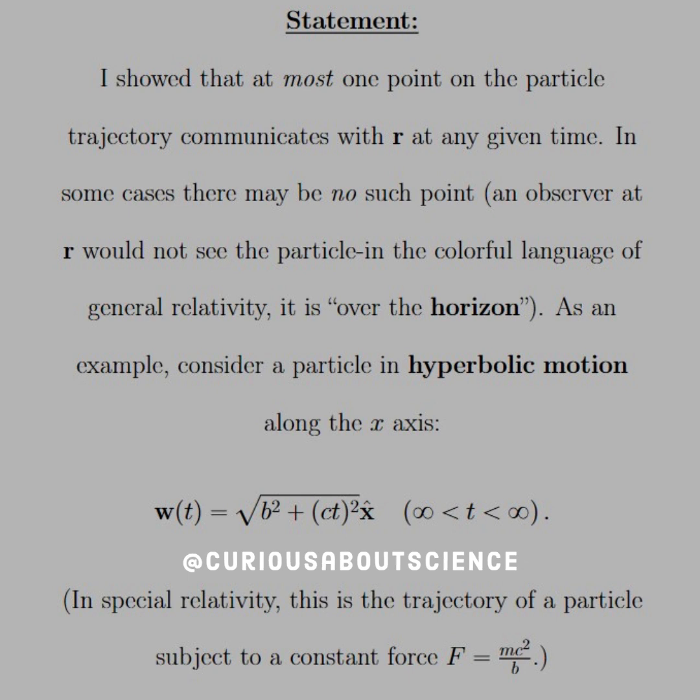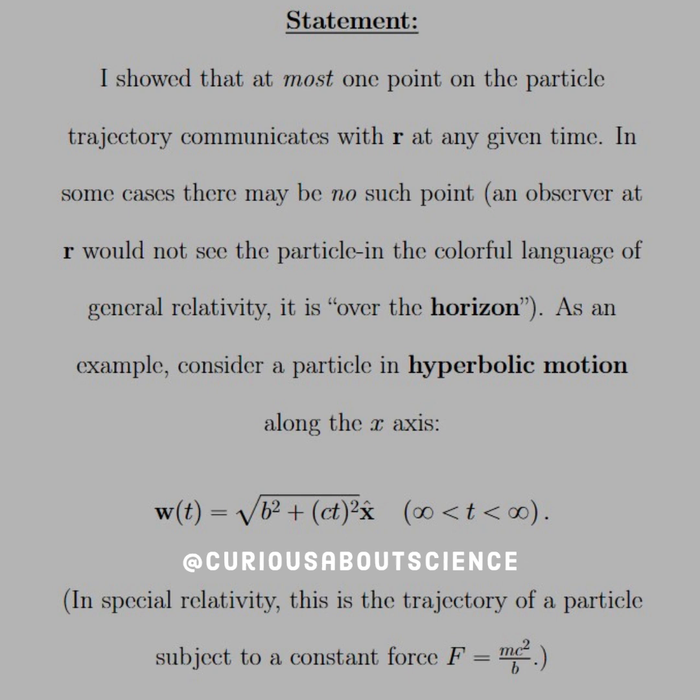It is, quote, over the horizon. As an example, consider a particle in hyperbolic motion along the x-axis. Here, that's defined as w(t) equals square root of b squared plus c squared t squared in the x-hat direction for t between negative infinity and infinity. That's a typo as well, excuse me.